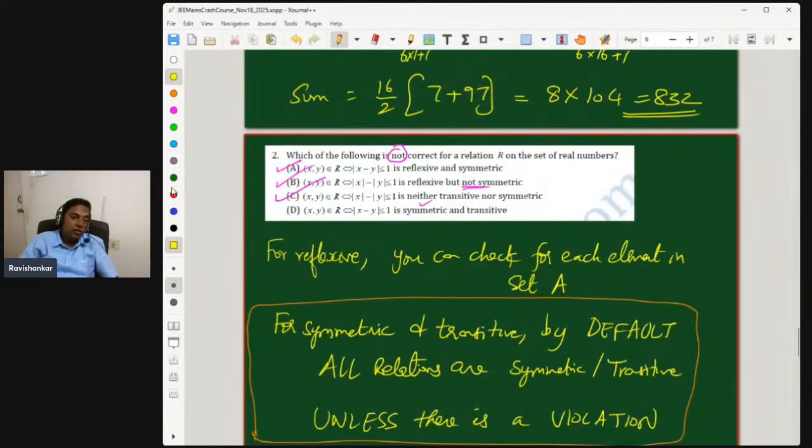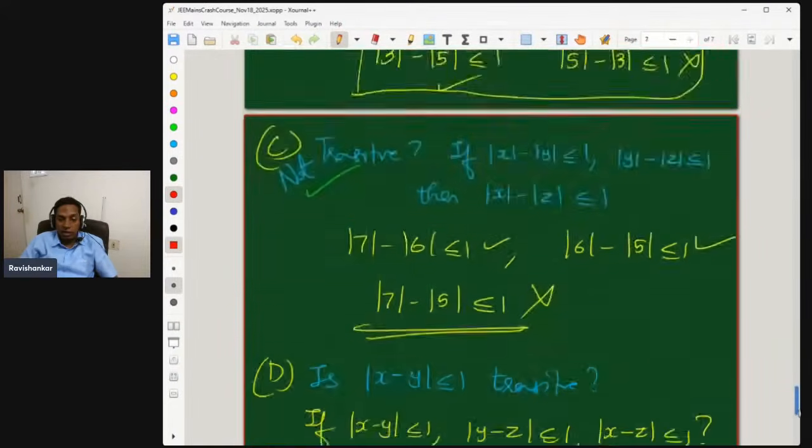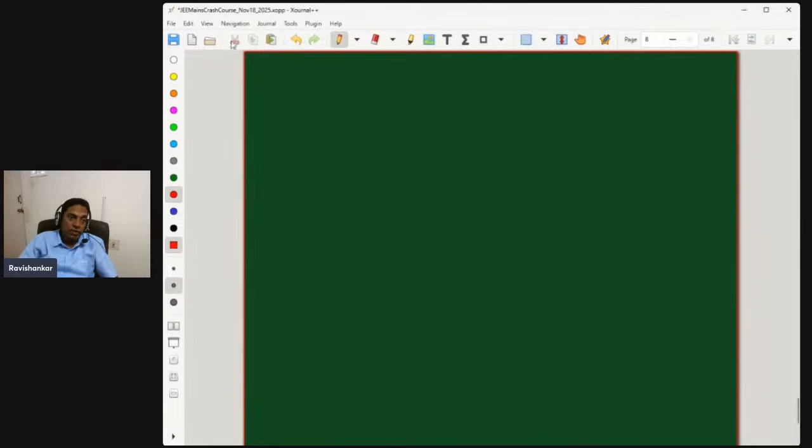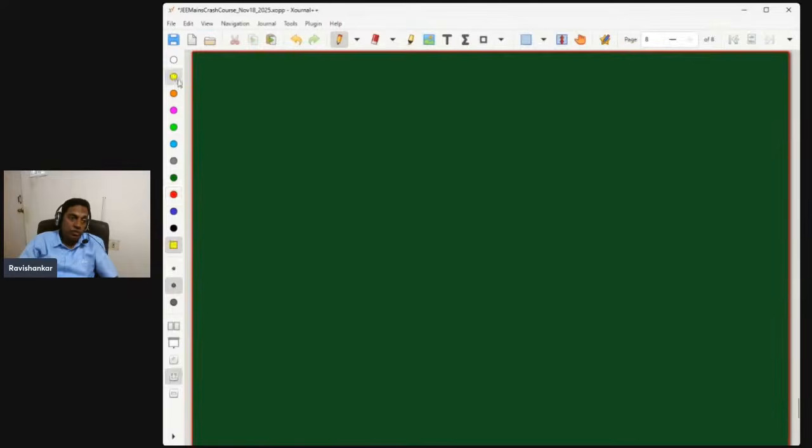Therefore, the answer is option D. That is the not correct relation. Quite a few people got it right. Good. Now we are going to move on to the third question, which I said is the trickiest question in this worksheet.